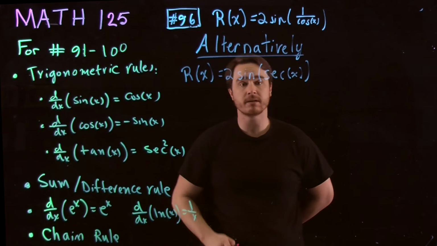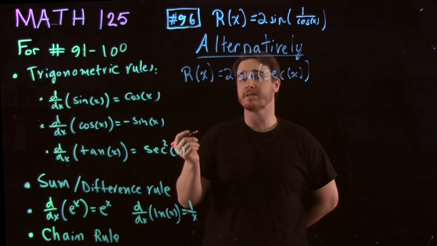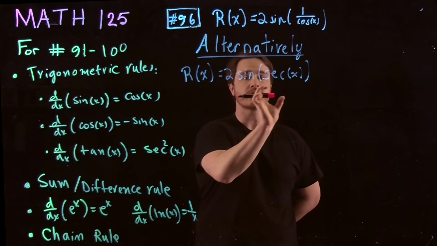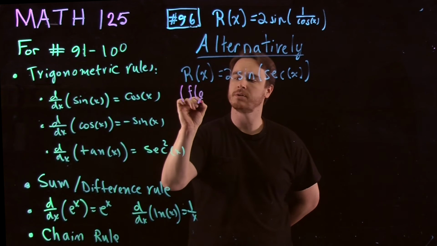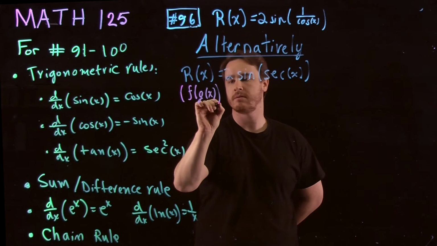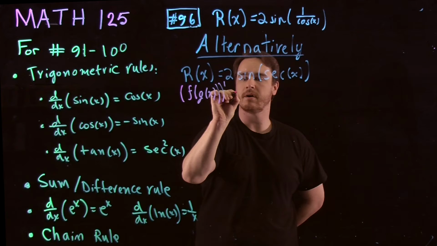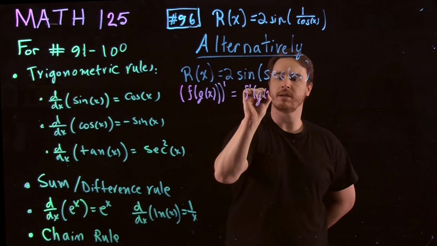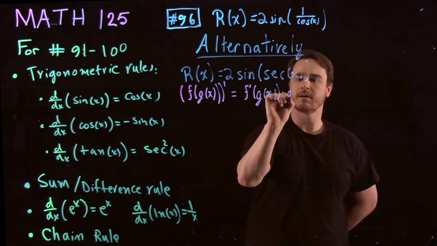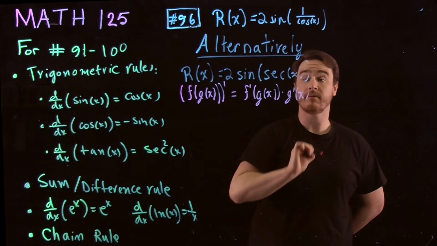Now noticing this might simplify and speed up our process. So again, we have a function inside of a function, so we have to use our chain rule, f of g of x. If I want to find the derivative of this, this is f prime of g of x times g prime of x.